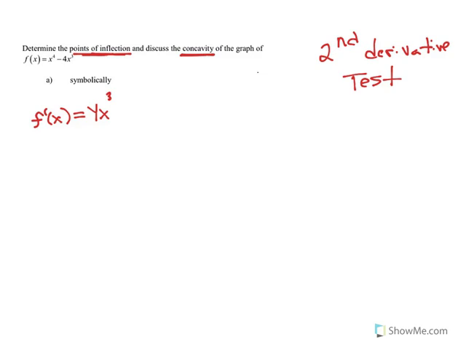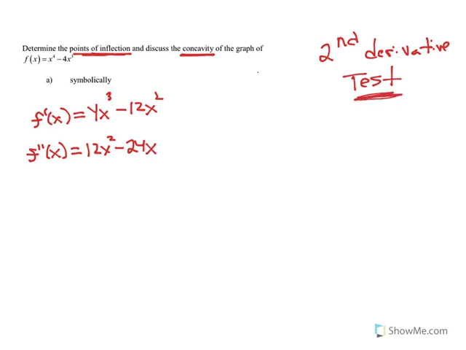And bring the 3 down, so minus 12x squared. And that's the first derivative. We need a second derivative for the second derivative test, so we'll do f double prime. Bring your 3 down, that's going to get you 12x squared minus 24x.